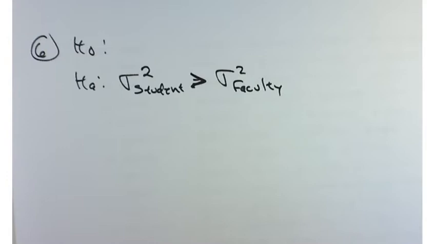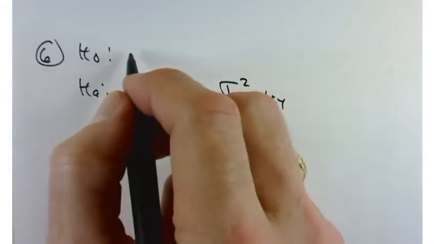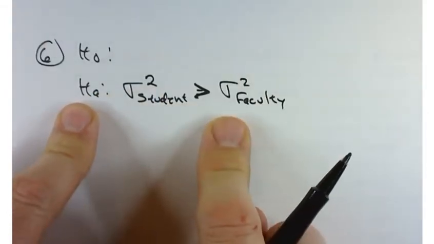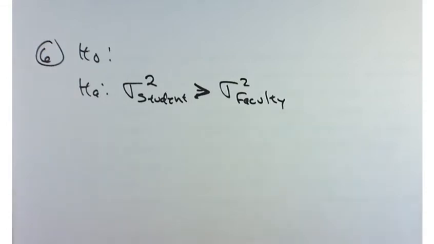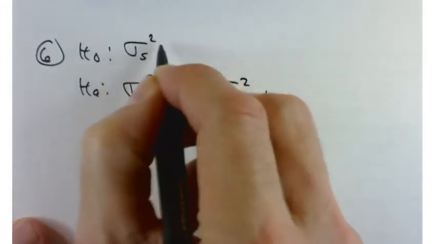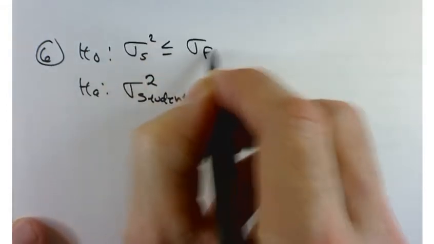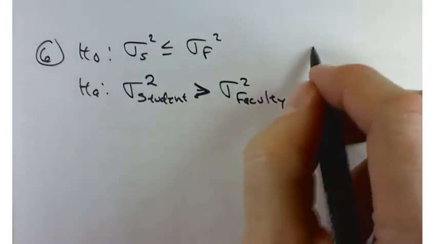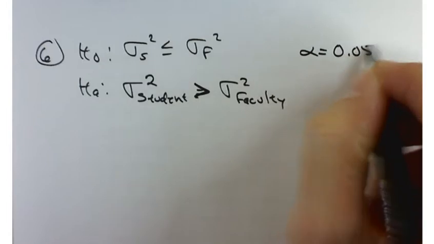It's just helping you remember what's what. If that's my alternative hypothesis, what do I have to put in the null hypothesis? Yeah, variance of the students is less than or equal to variance of the faculty. Great. We're going to perform our test at the 5% significance level.